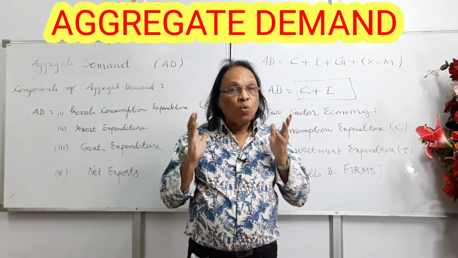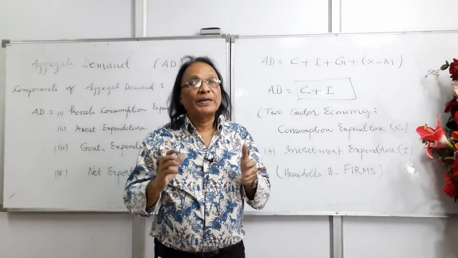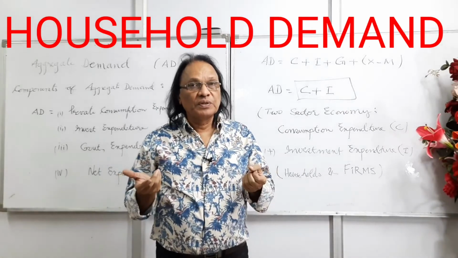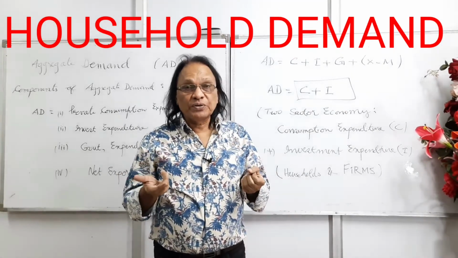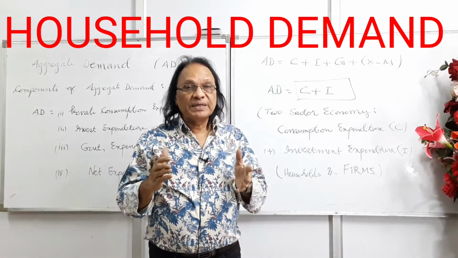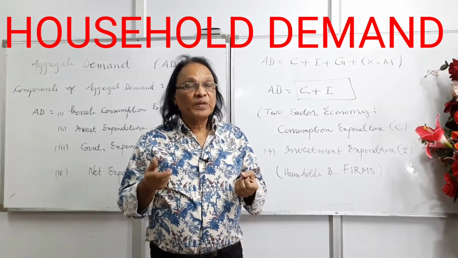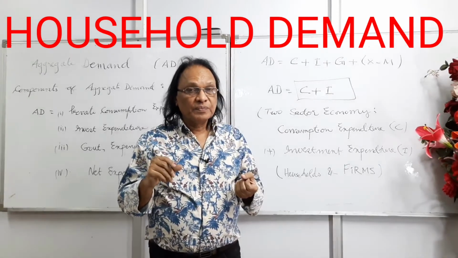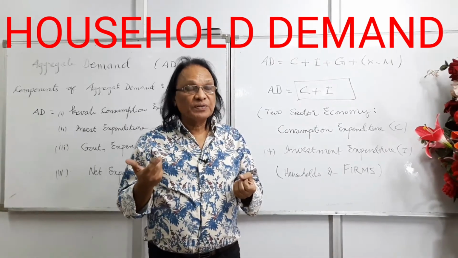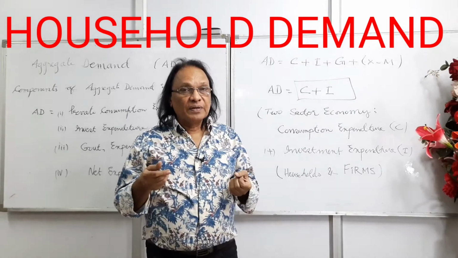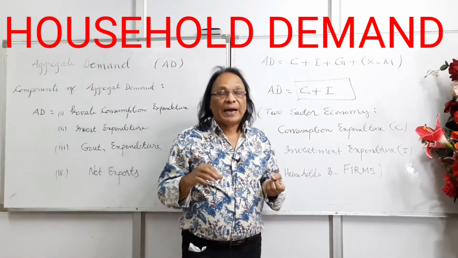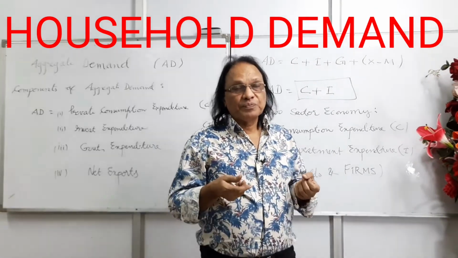That was from one consumer's point of view, one household's point of view. It's the willingness of a consumer to buy a commodity at a given point of time at a given price. That was the demand. Now in macroeconomics, the aggregate demand is different.